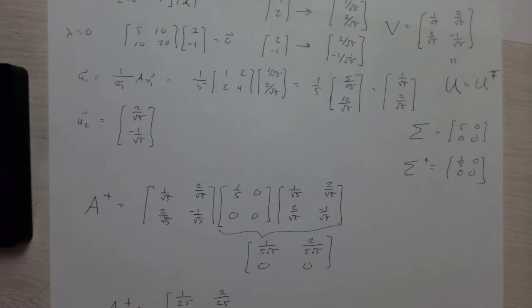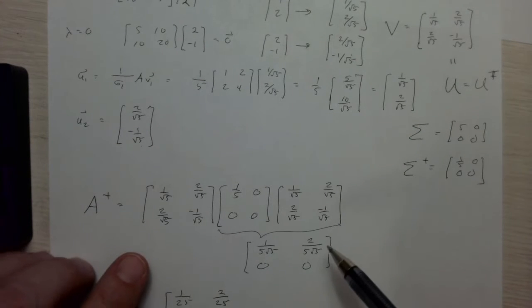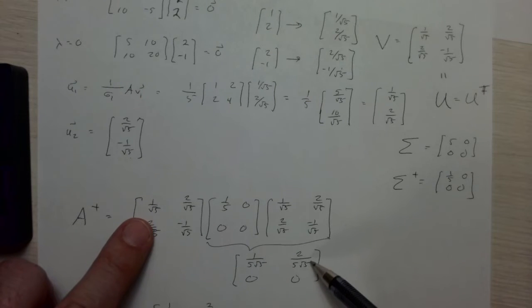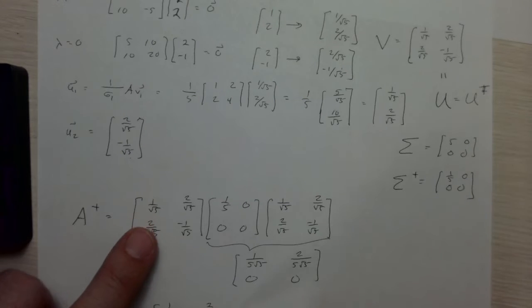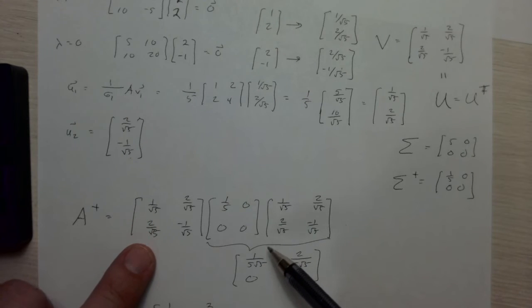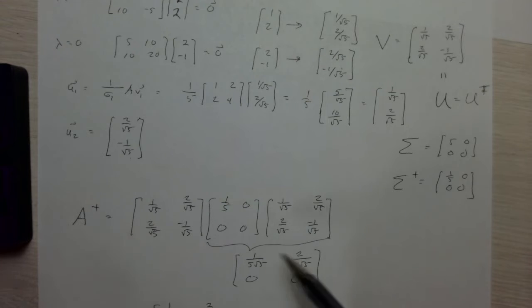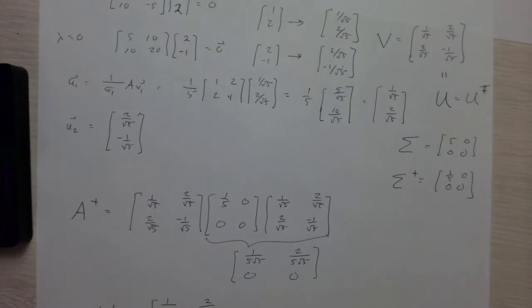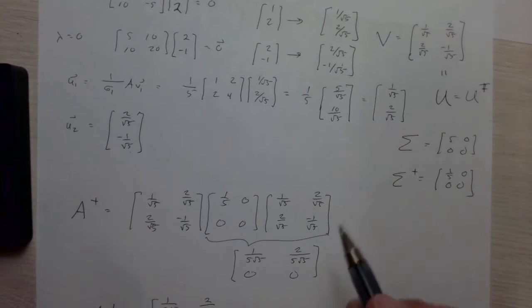I might have miscopied it. Let's see. Did I make a mistake? Here, let's see. So this is 1/25, right? And then this is 2/25, right? And then this is 2/25. Okay, and then this was 4/25, I hope.